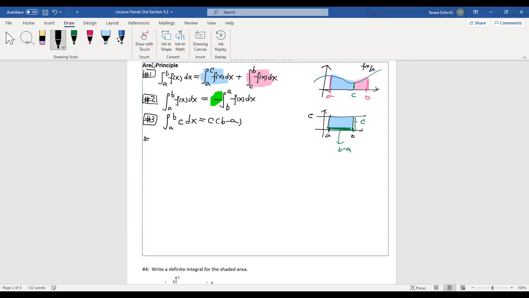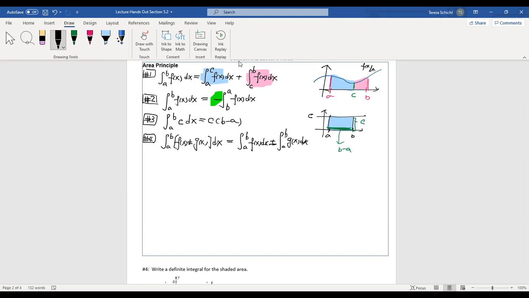Okay, number 4. If you have the integral from a to b of f of x plus or minus g of x dx, that means you can separate it into the integral of f of x dx plus or minus the integral of g of x dx. Plus or minus, it does not matter.